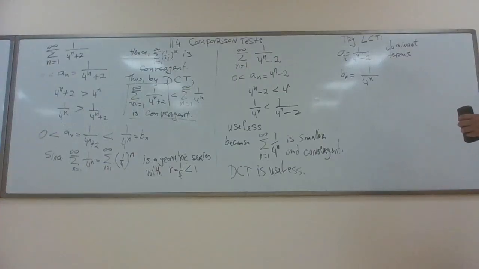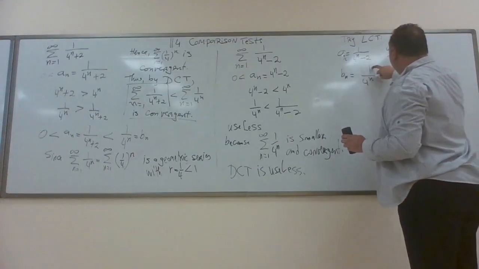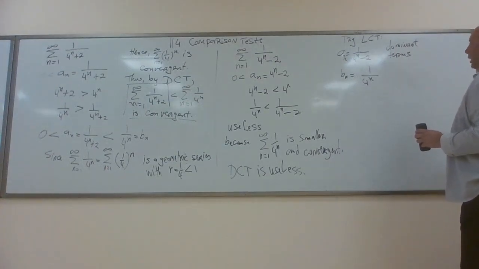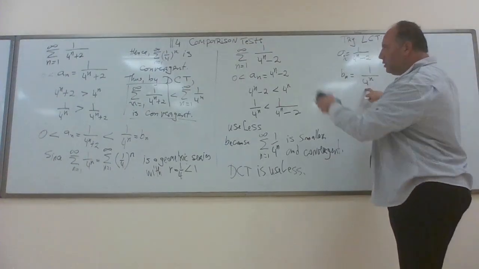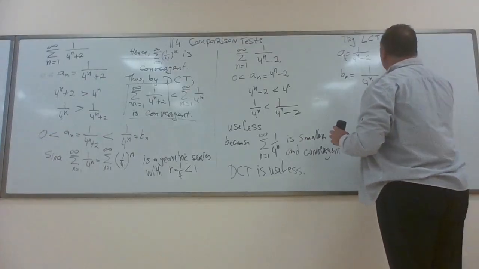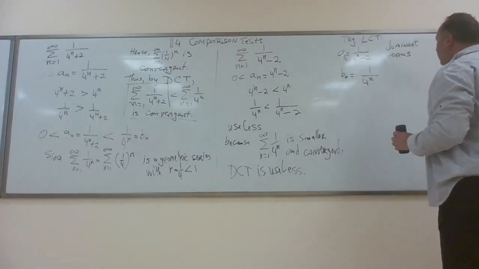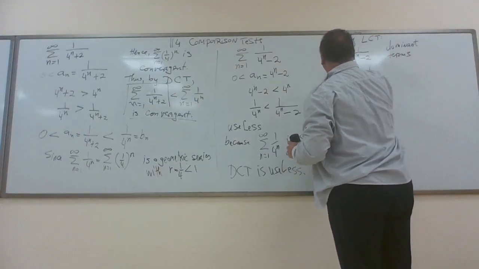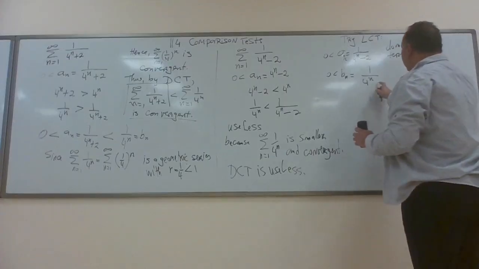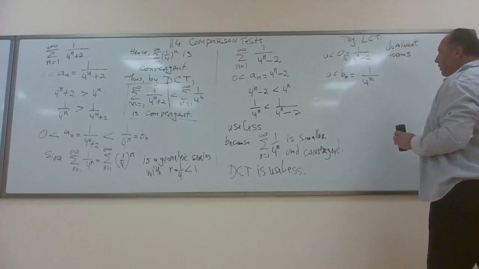We already know that this will give rise to a convergent geometric series. That's all beautiful. Obviously these are positive numbers, both of them, nothing special there. But in order to apply the LCT, we need to verify the condition.